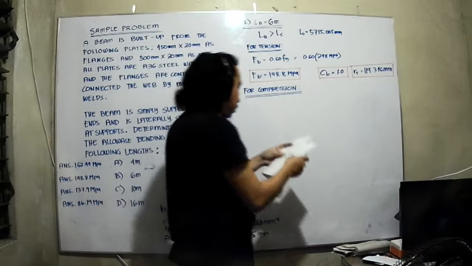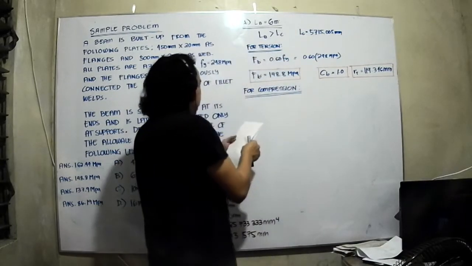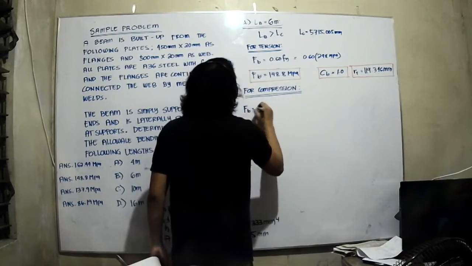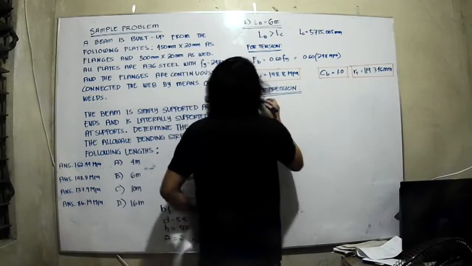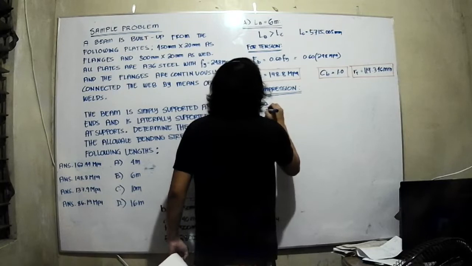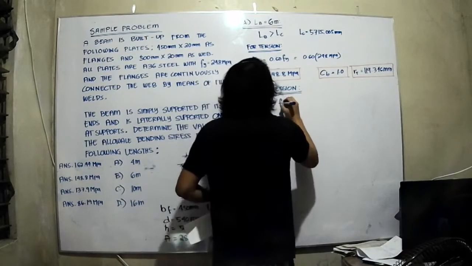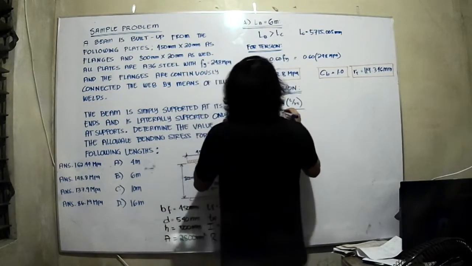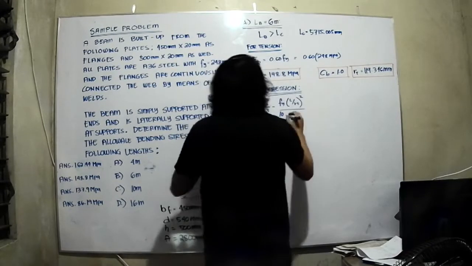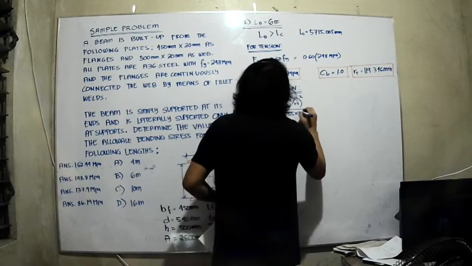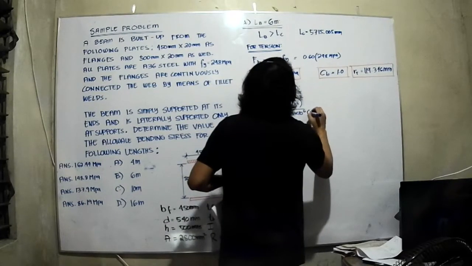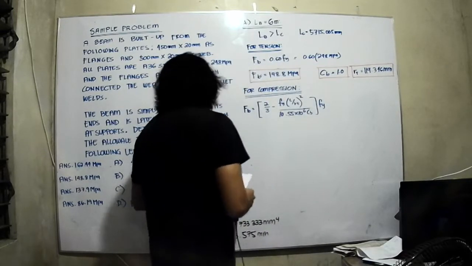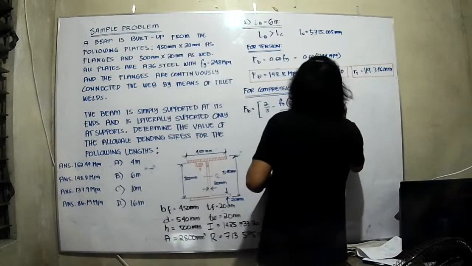Okay, so the next one is FB is equal to 2/3 minus Fy times (L over RT) squared divided by 10.55 times 10 to the power of 6, times CB, multiplied by Fy. Now, let us substitute the numbers.